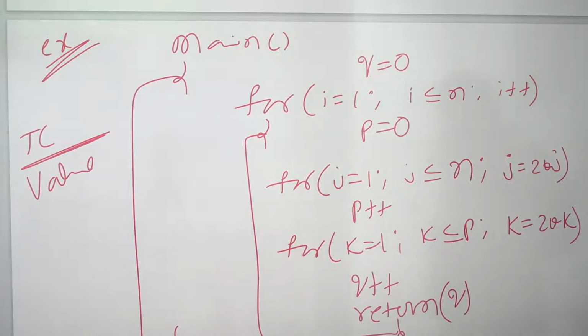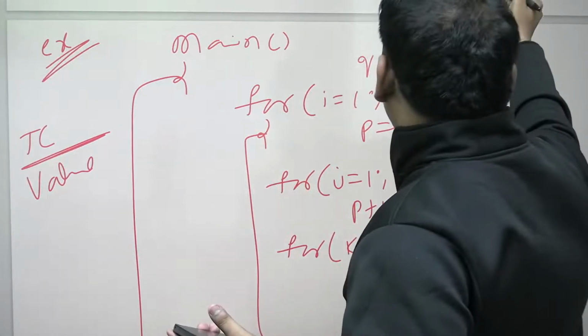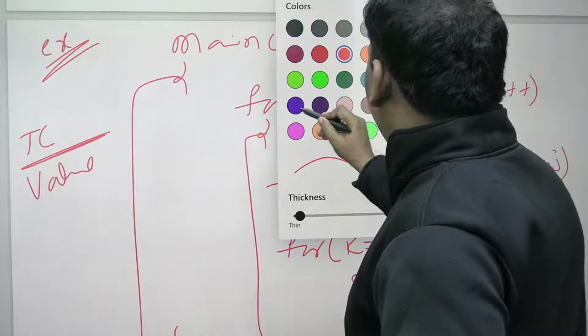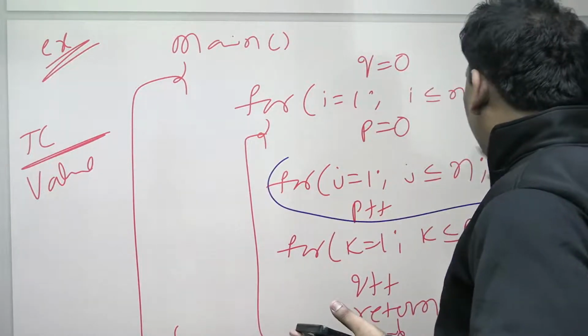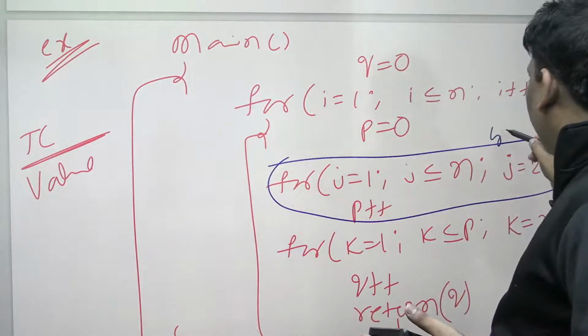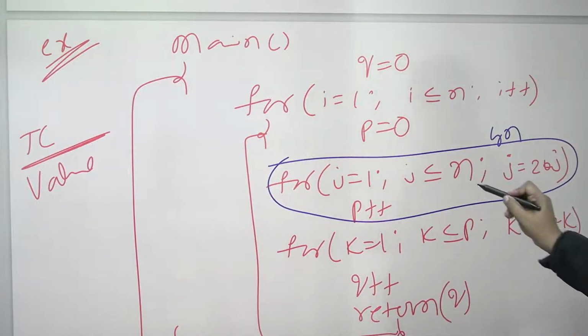If you observe clearly, inside i there are two loops, j and k, but j and k are not inner to each other. They both are inner to i, but j and k are not inner. Whenever not inner, you will take only the larger one. You know very well. So this loop will go log n time. Here n is there.